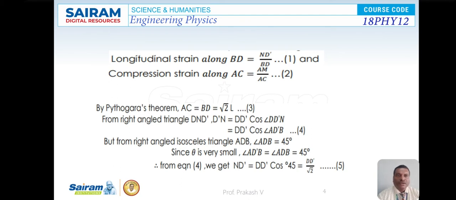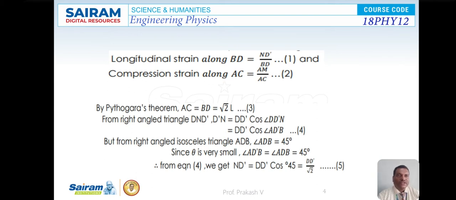From right angled isosceles triangle ADB, we can write angle ADB is equal to 45 degree. Since theta is very small, we can write angle AD dash B is equal to angle ADB, that is equal to 45 degree. So from equation number 4, we can write ND dash is equal to DD dash cos 45 degree, that is nothing but DD dash by root 2.